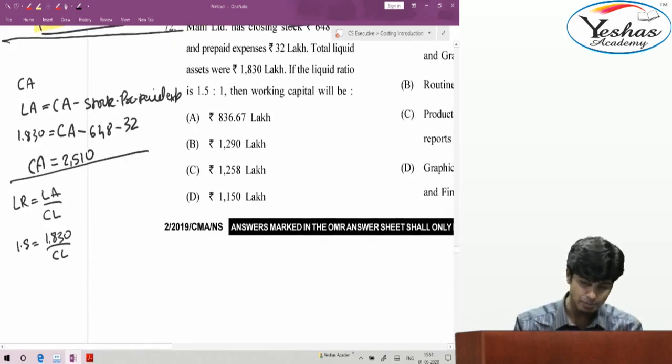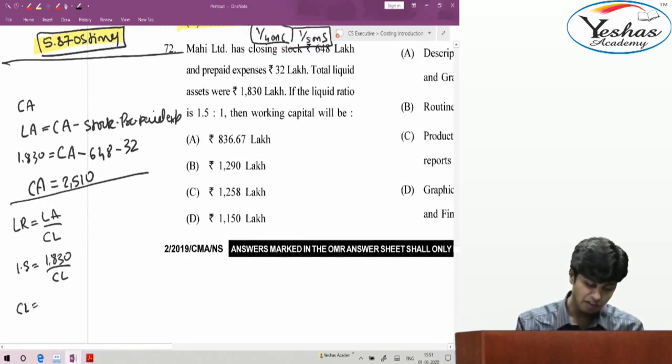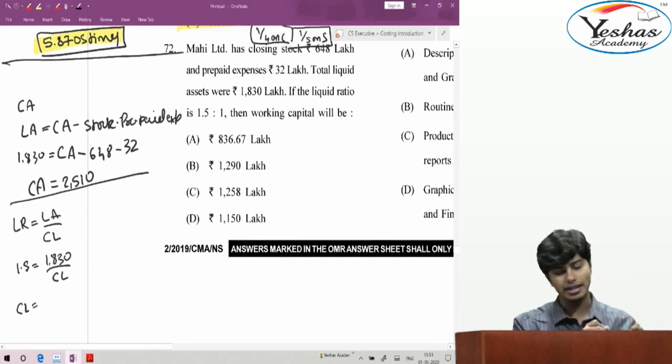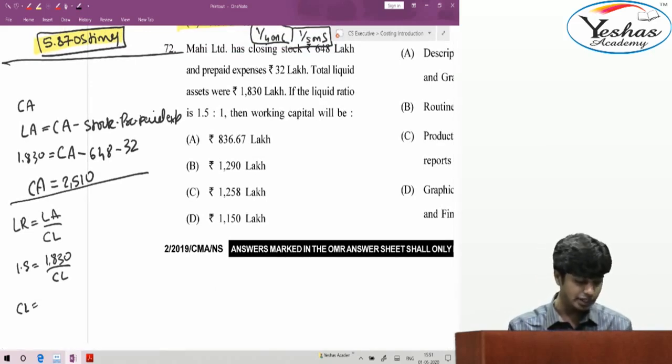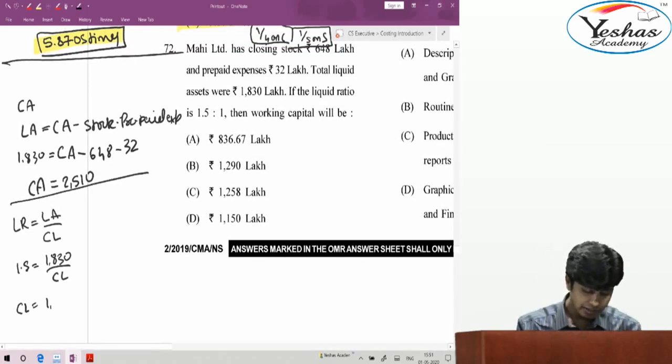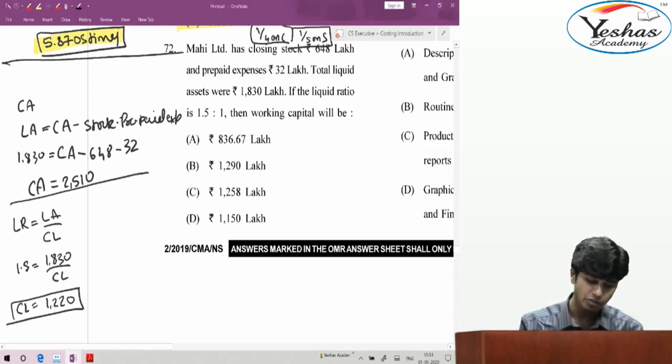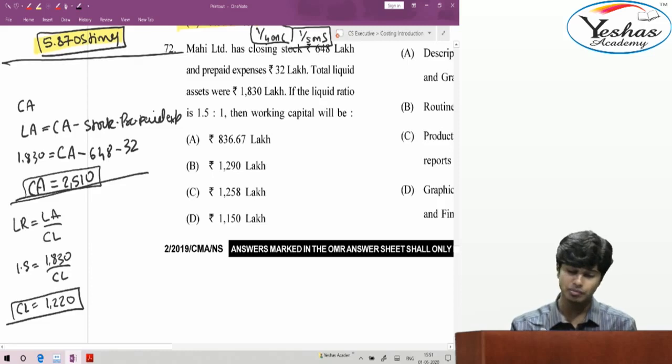So for my current liabilities, if I send the denominator to the left-hand side and bring that to the denominator, it becomes 1830 divided by 1.5. Then I'll have current liabilities of 1220. So my current assets is 2510 and current liabilities is 1220. They're asking how much is working capital. Working capital is current assets minus current liabilities.